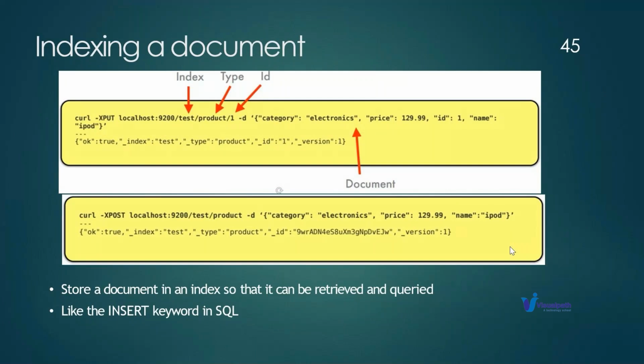Indexing a document. Although Logstash is used to index the data in Elasticsearch, you can also add data manually in Elasticsearch using the indexing feature. You can use curl commands with JSON, in which you mention the index, type, and ID, and you have to set the data in a document format, as shown in this slide.